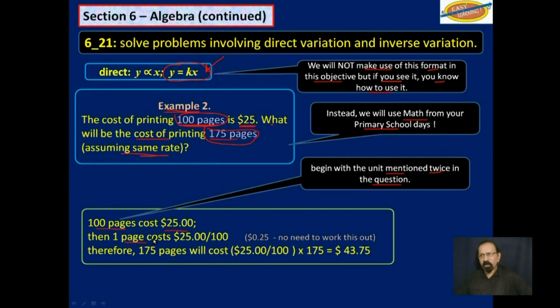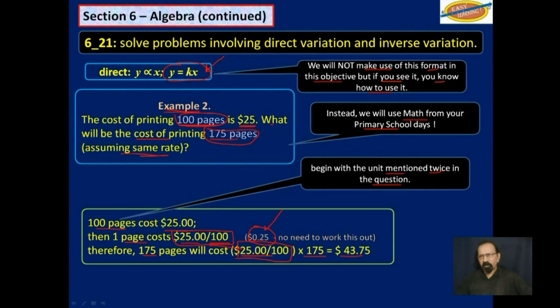Then one page will cost 25 divided by 100, which is actually 25 cents. No need to work that out since we are using this whole expression down here. So 175 pages will cost that amount. Multiply by 175 and you get 43.75.